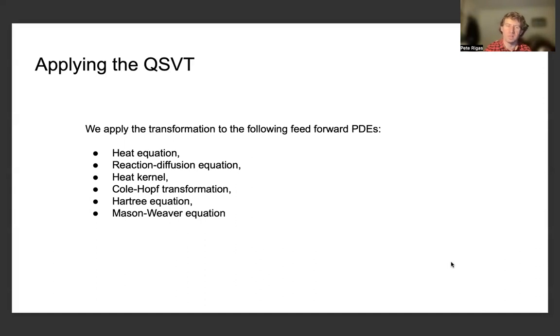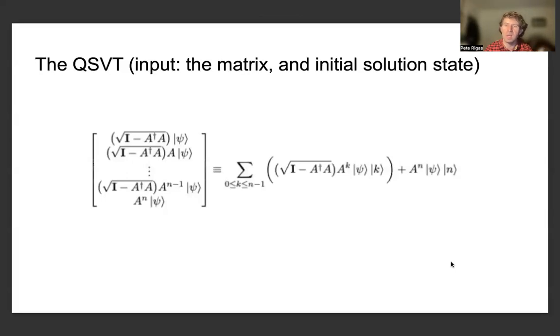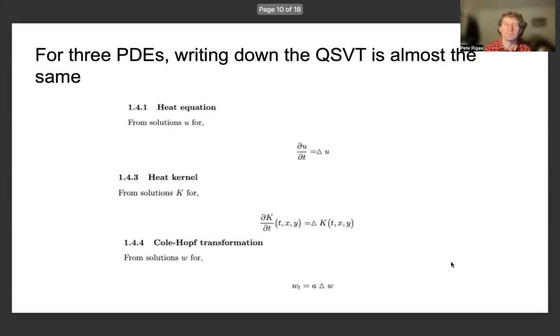And this B quantity can be related to the A quantity, which is given from the summation over the n minus 1 terms and the nth term that we're looking at from the quantum singular value transformation. And for the three PDEs that we've been mentioning and alluding to, writing down the QSVT is almost the same. And this just stems from the fact that a lot of these partial differential equations, the underlying structure and statement of the partial differential equations is almost identical.